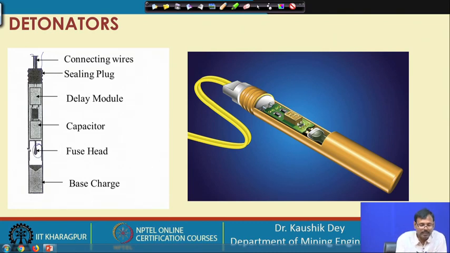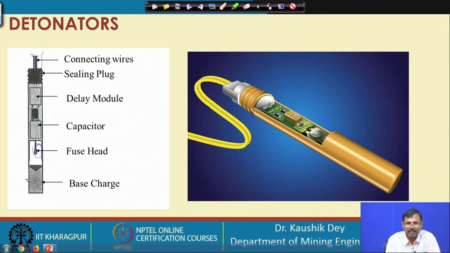That means the delay is provided in the electrical system instead of the burning system, and that is why this electrical delay is provided through electronics programming, and the fuse head gets the electrical pulse after that delay. Then the fuse head gives the flame, and the primer charge and base charge do their respective work.